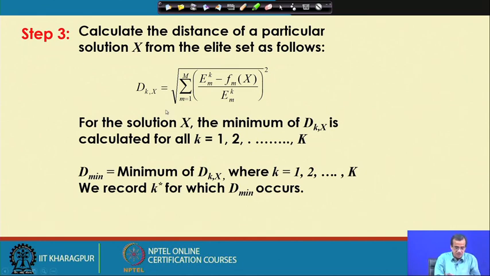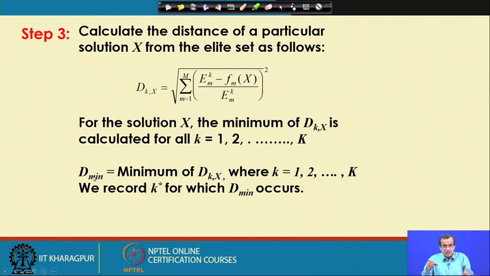That means we try to identify d minimum, that is the minimum of all d_kx values where k varies from 1 up to K, and we locate that particular value of k for which I am getting this d minimum.